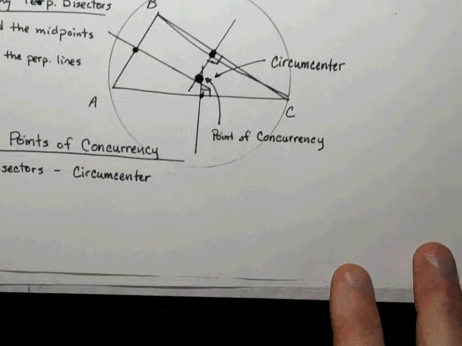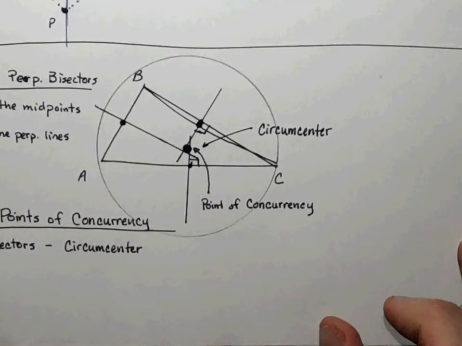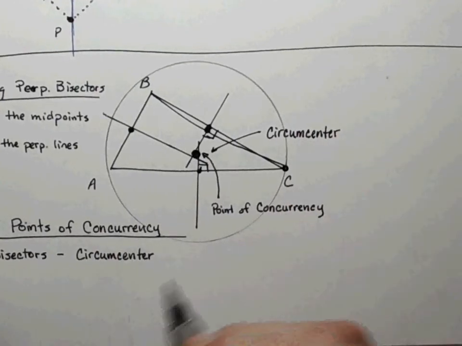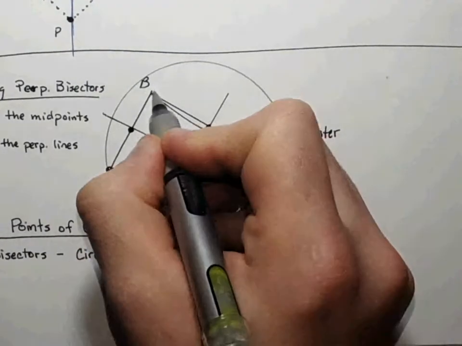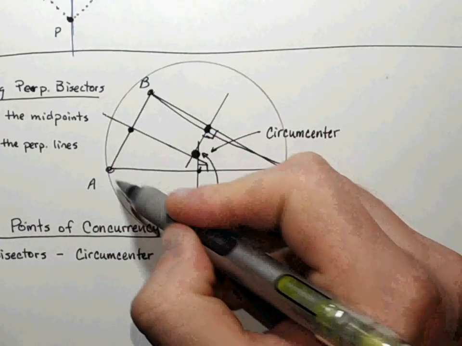Now that wasn't perfect by any means, but if I was to do this just perfectly, I would see that that circle goes through each of my vertices. It was a little off up here, but it should go all the way through each of my vertices.